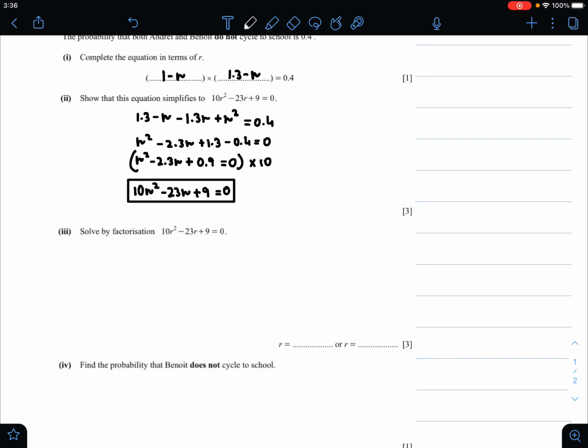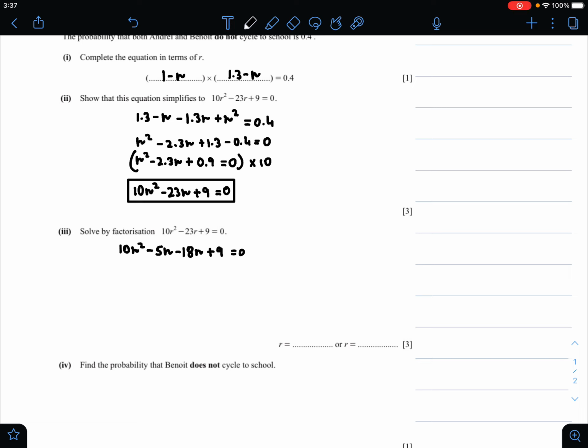So it satisfies both conditions. Therefore we can write 10r square minus 5r minus 18r plus 9 is equal to 0.